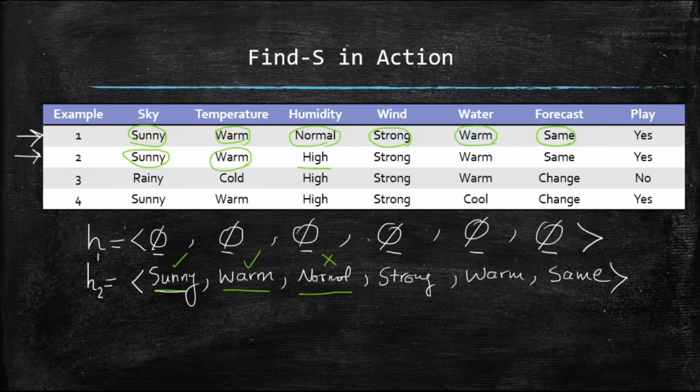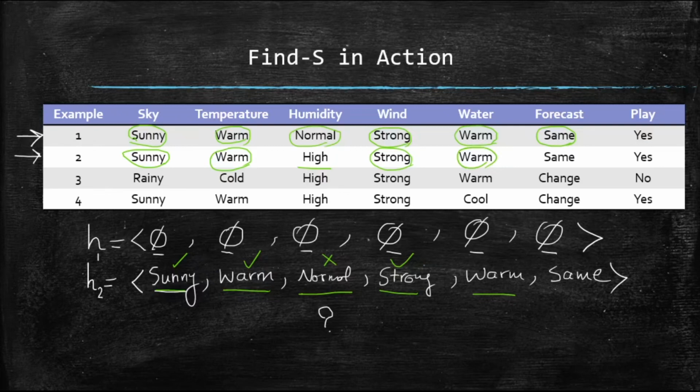So what do we have to do? We have to change this to the immediate, more general version. So remember, we have 3 kinds of constraints, yeah? Null, exact value, and the question mark. So the immediate next general constraint is a question mark. So basically, we would change this to a question mark. What about the next? Is strong satisfied? Yes, it is. Warm?